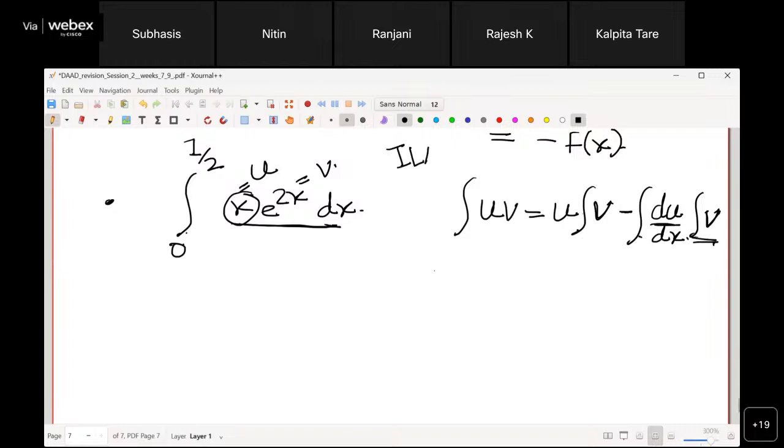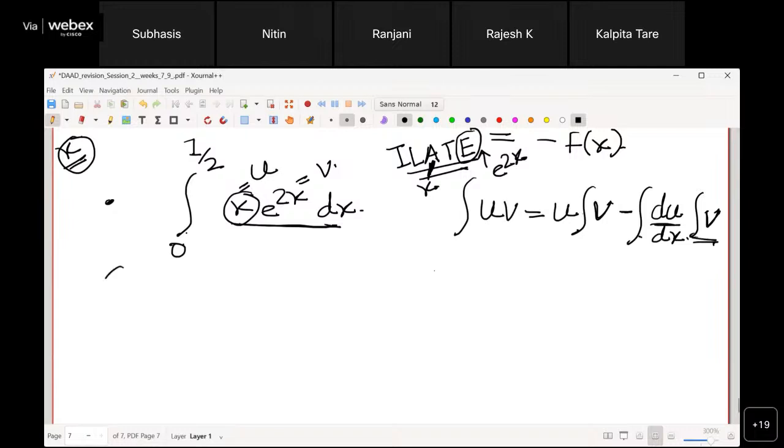ILATE: inverse function, logarithmic function, algebraic function, trigonometric function, and exponential function. Whichever comes first, you take as your u. x is an algebraic function, so it comes in this place, and e, the exponential function, comes later. So e power 2x comes second, and that's why we choose x as our u.